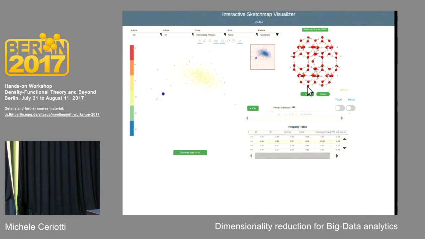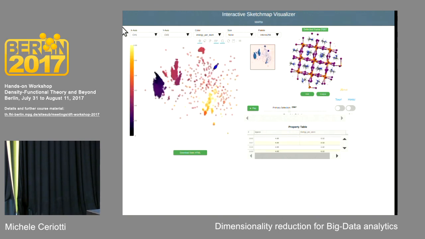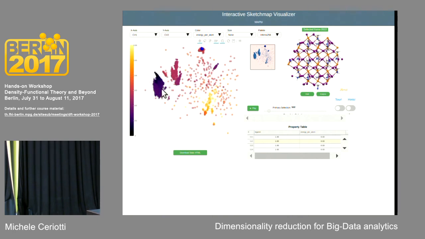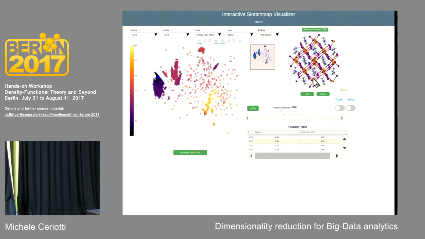And basically, you click on a structure, it gets loaded up here, and you have a list of the properties of all the structures. We have something similar for organic-inorganic perovskites. You just load up all of your structures, and then you can recognize that you have different motifs. So actually, these are the proper perovskite structure. You see the octahedra and all of that.